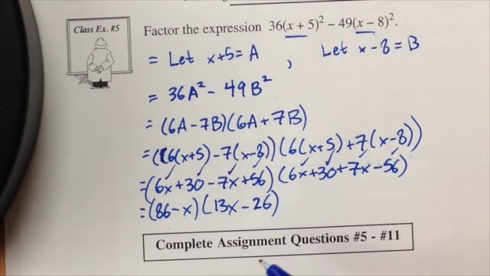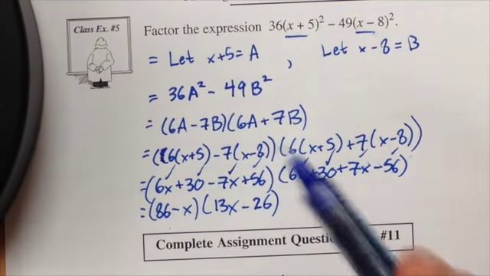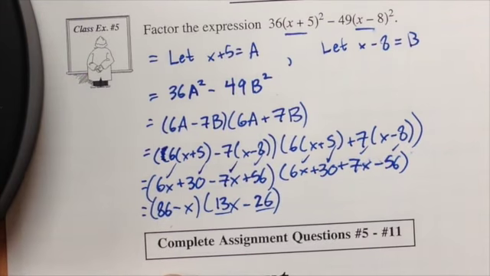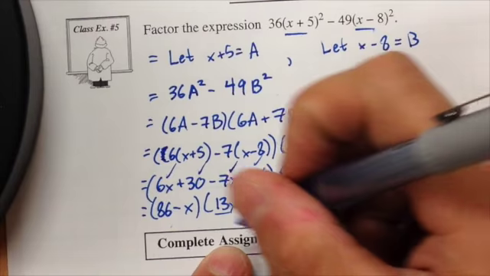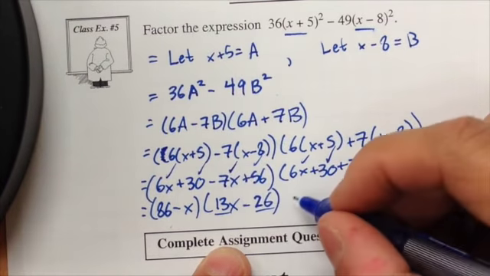Now, you're almost done, but not quite, because 13 and 26 are both divisible by 13. Okay, so I can break this part of my term down even further.